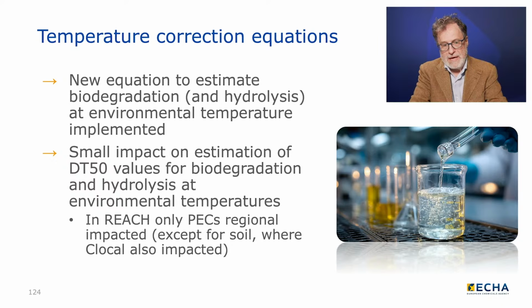This has small impact on the estimation of DT50 value for biodegradation and hydrolysis at environmental temperature. In particular, for REACH, only the regional scale, so the PECs regional, are impacted, with the only exception of soil, where also the local concentration in soil may be impacted.